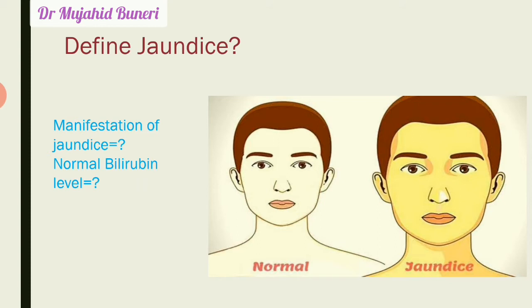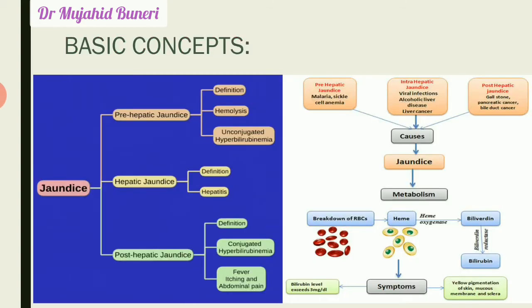So, when the patient of jaundice comes to us, how to approach? For that, we got to learn some basic concepts about jaundice. You know it very well that unconjugated bilirubin is made from the breakdown of hemoglobin.